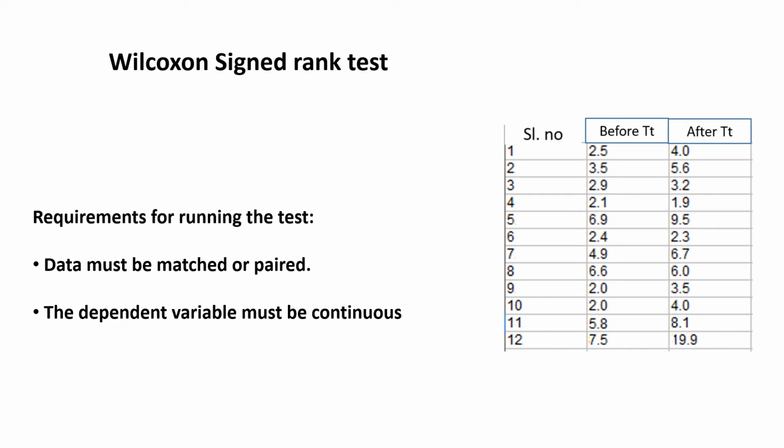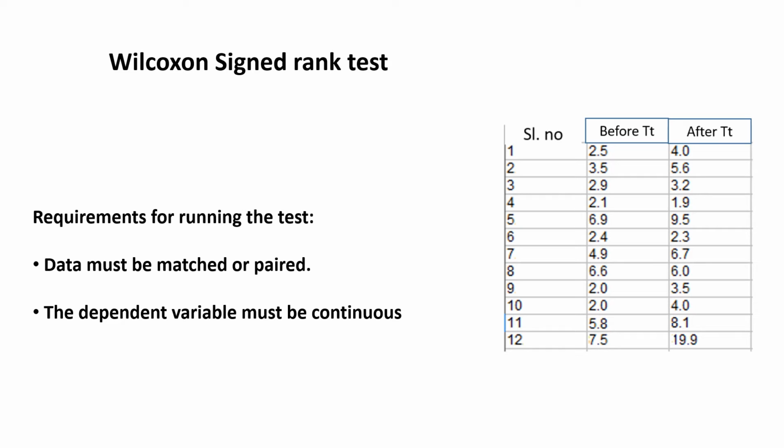Now we can go through the requirements for doing the Wilcoxon signed rank test. These are the assumptions. Data must be matched or paired. Look at this example. Same group of people. What are the values before treatment and what are the values after treatment?